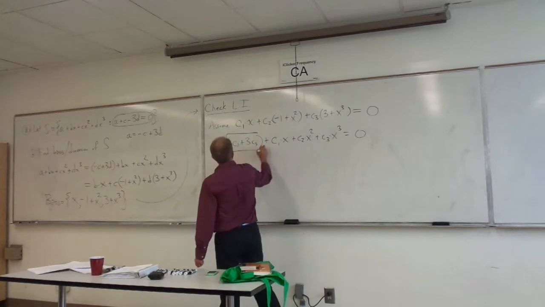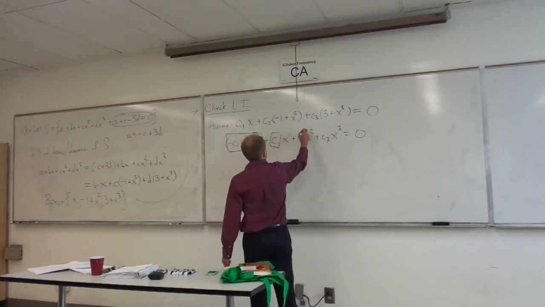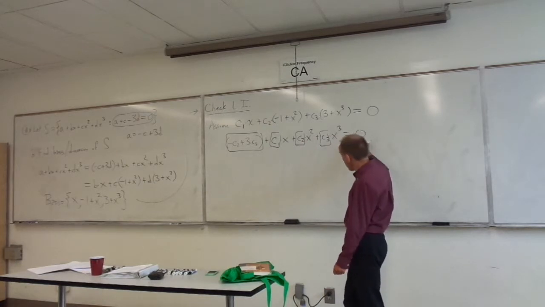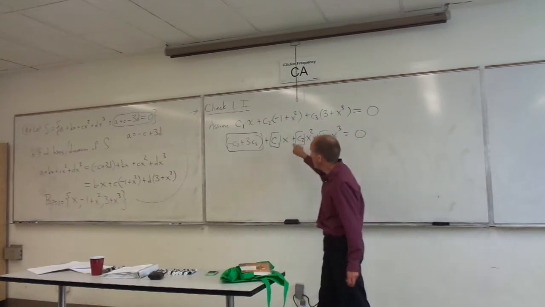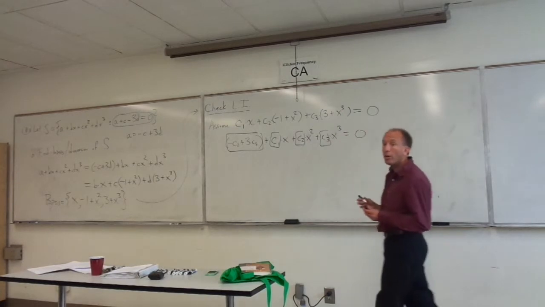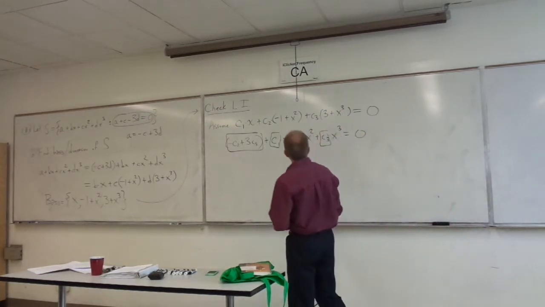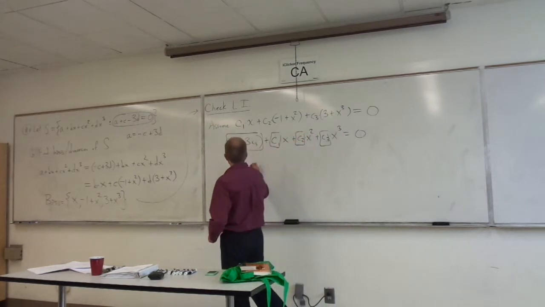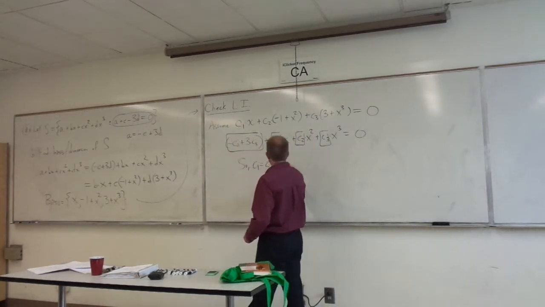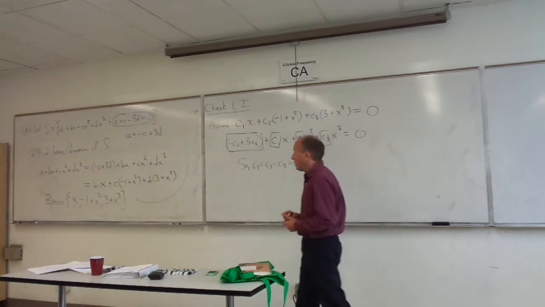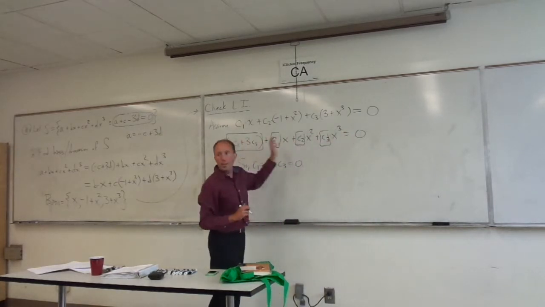In order for a polynomial to be always 0, the constants in those boxes have to all be 0. It's the only way it'll work, right? Well, that actually shows you that c1, c2, and c3 are 0.